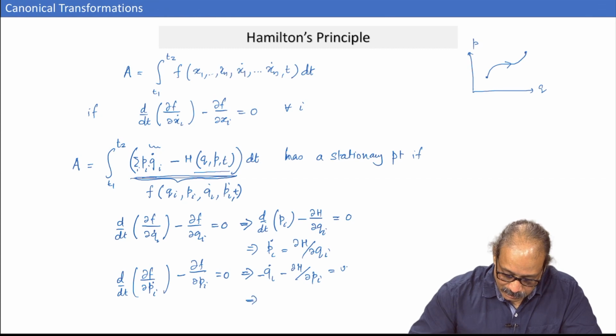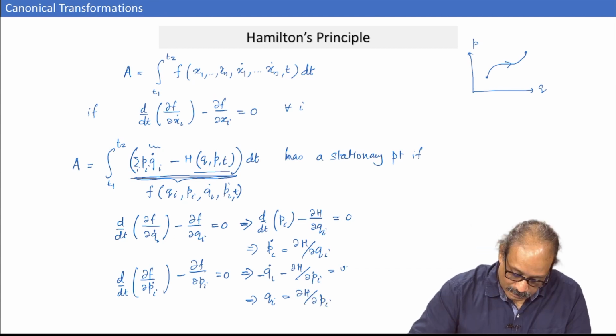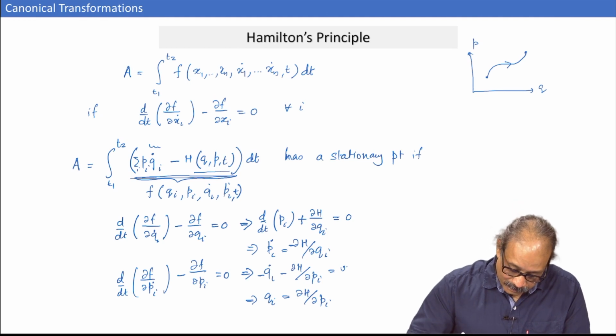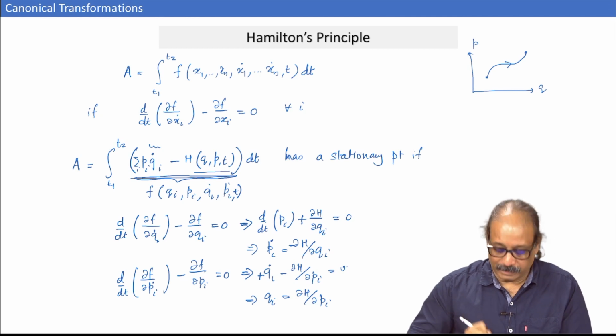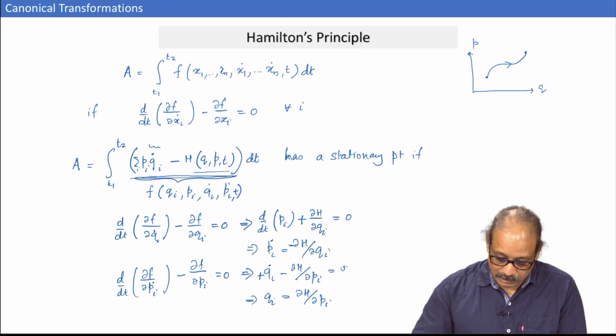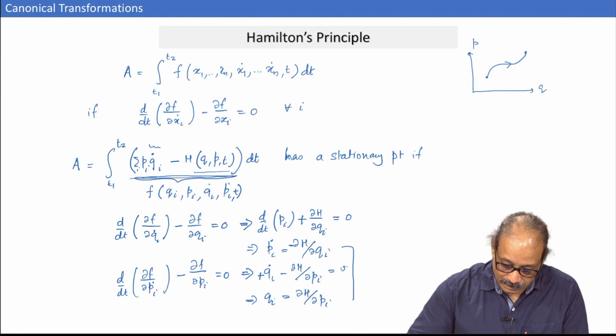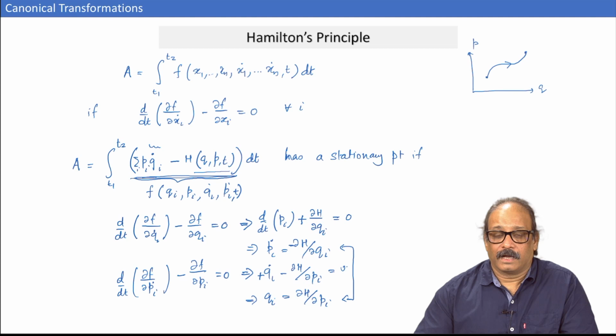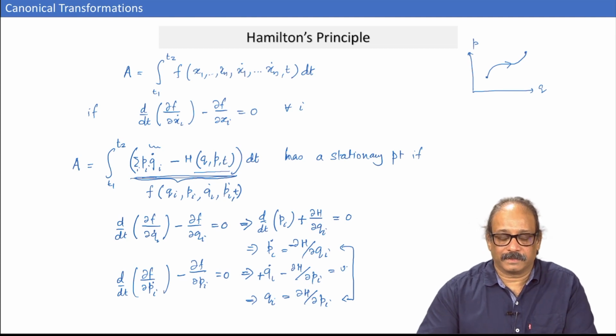This gives you the second equation, q I dot is equal to del h by del p I. Sorry, this would be plus, this would be minus, and then you have plus minus, yeah, now it is correct, right. So, this is how we get the Hamilton's equation by some sort of an action principle and some sort of a modified Hamilton's principle there.